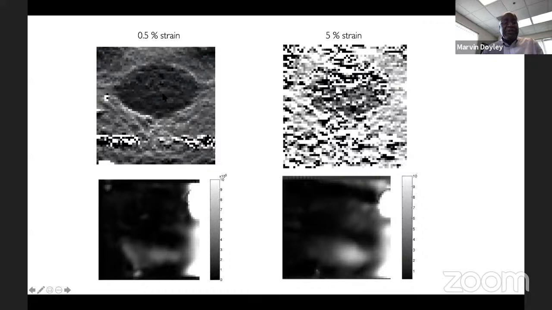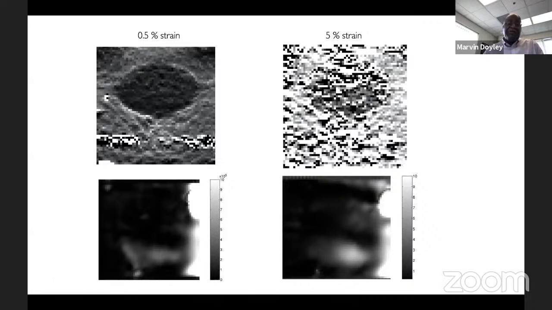You can clearly see the inclusion, and some stuff at the bottom, which is a reflection from the bench. But if you go to 5% strain, it just looks really horrible, because we cannot measure, at least in one step between two images, a 5% difference, and it dies.